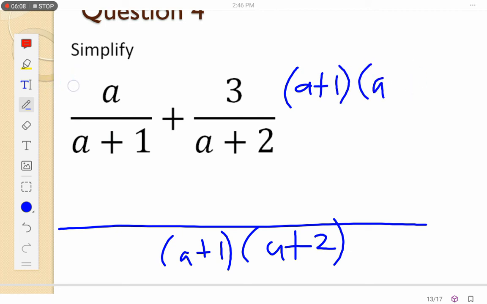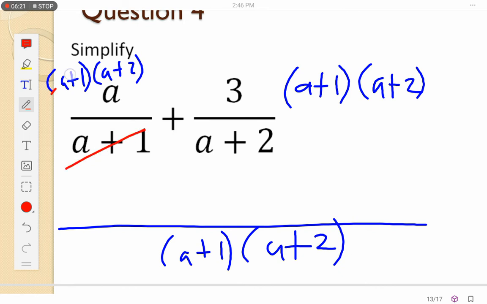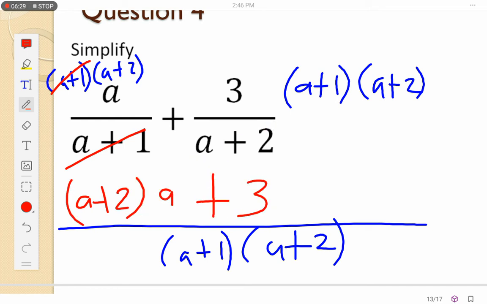This one can cancel off with this one, and I'll remain with a plus 2 multiplying a, plus on the second one, this will cancel off with that one, and I'll have my 3 times a plus 1. So that's how you'll be doing these questions.